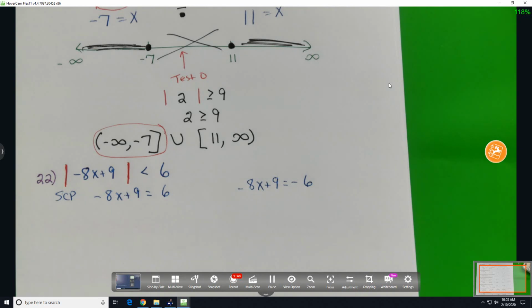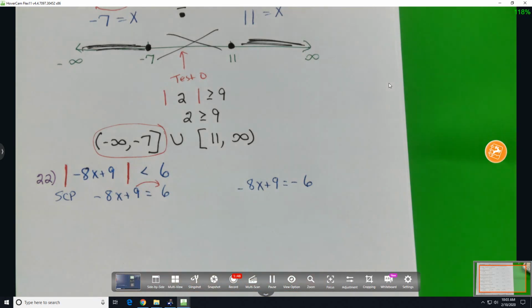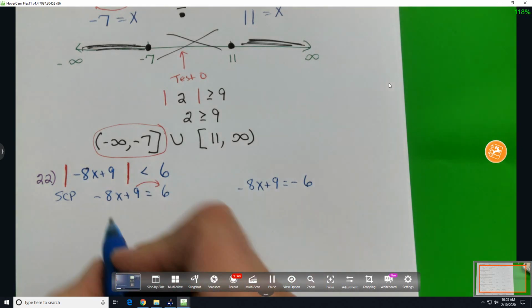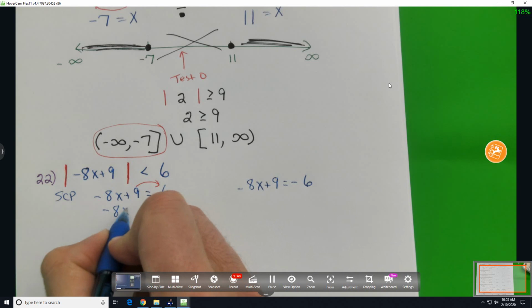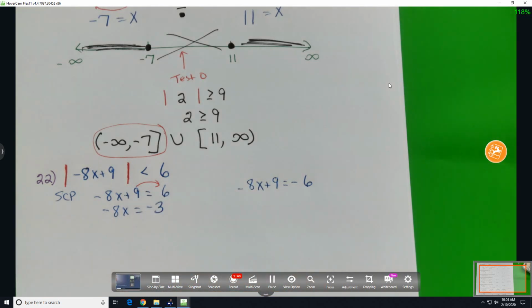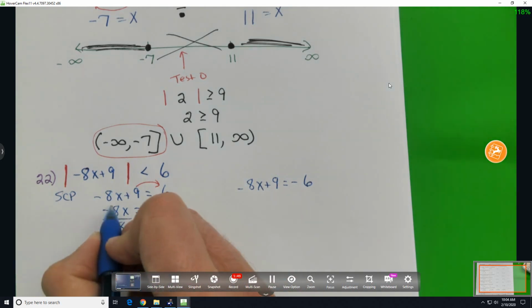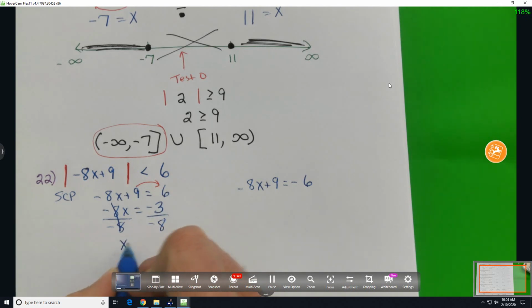Just remember to go equal positive, equal negative, isolate the x. Let's see, what would I do here? I would subtract the 9. So I have -8x equals, is that a -3? Divide both sides by -8. So is that a 3/8?